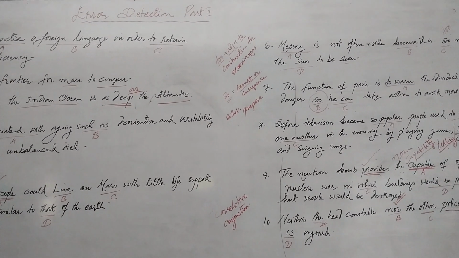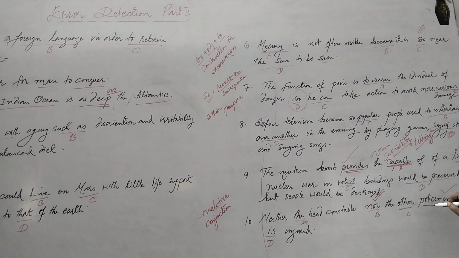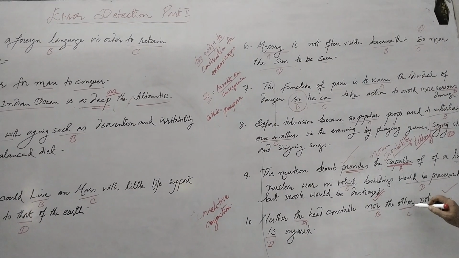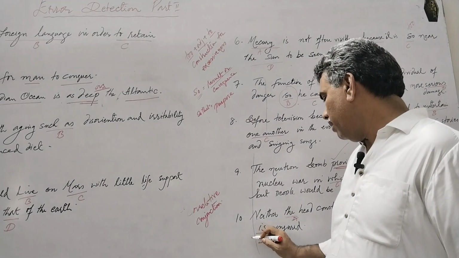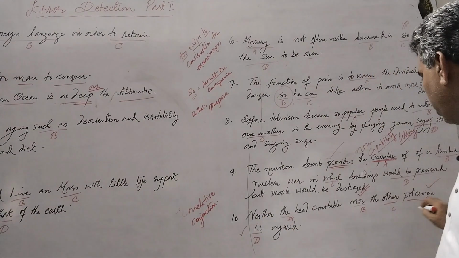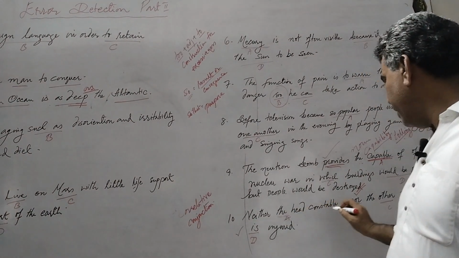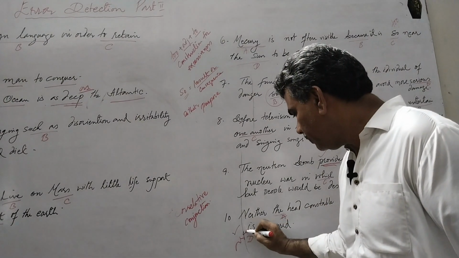Now, we have to keep the verb here according to this noun. Policemen are plural, but here is a verb that is used for a singular noun. So we should remove it. Neither the head constable nor the other policemen are injured.